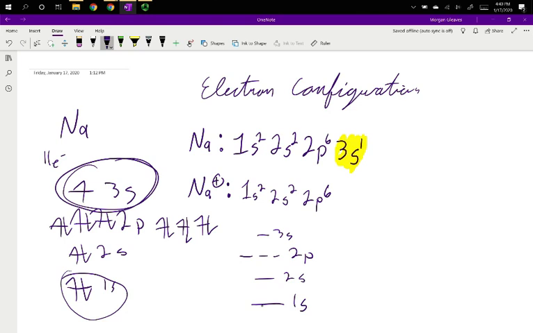If we only have 10 electrons, because we're sodium plus, 1, 2, 3, 4, 5, 6, 7, 8, 9, 10, we will only end up with 2 in the 1s, 2 in the 2s, and 6 in our 2p's. So electron configuration is a very quick way to show where all those electrons are without having to draw the rather large drawings.